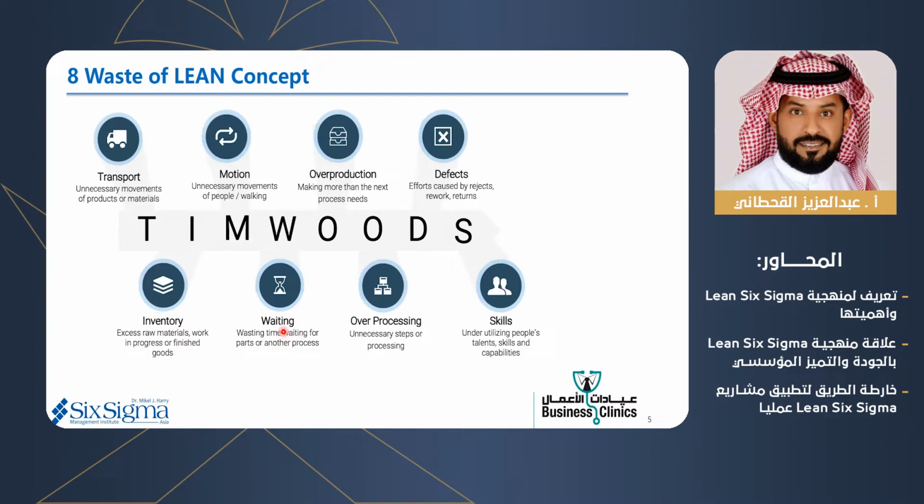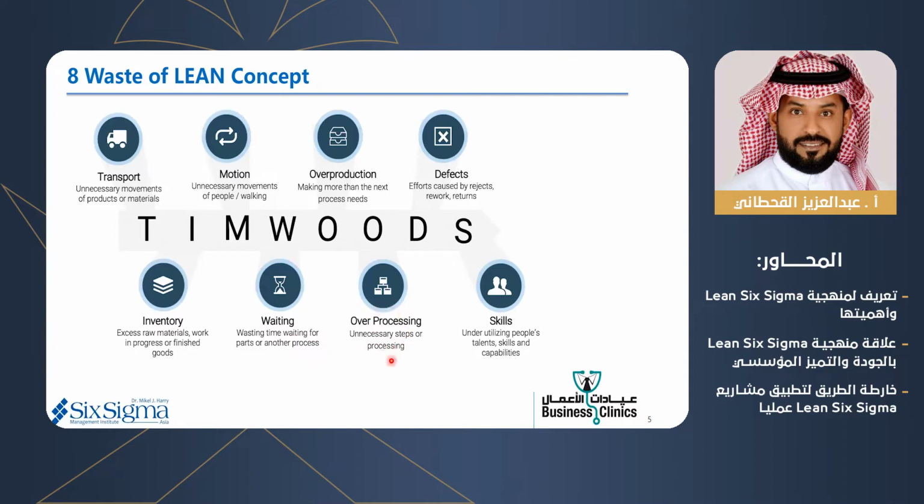Also, waiting time. Waiting time is one of the most common wastes absorbed among organizations. Waiting for arrival, waiting for delivery, waiting for approval. All of these 8 deadly wastes are very critical to implementing lean concepts.